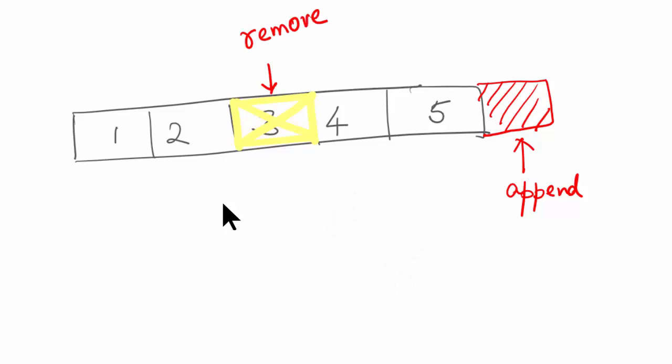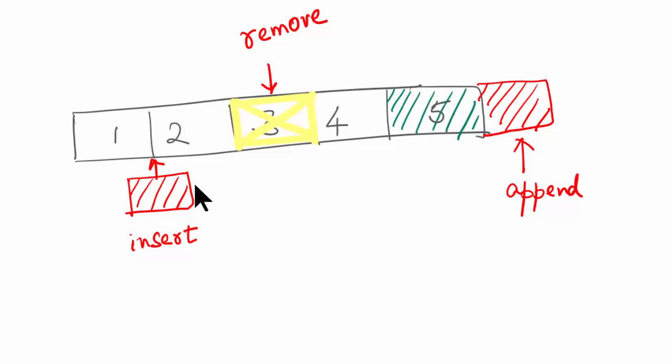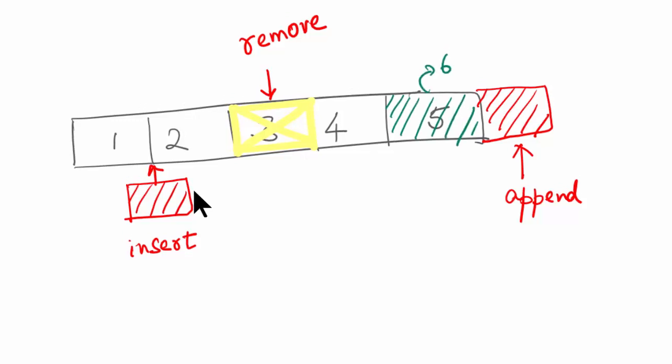Say between 1 and 2, we want to insert a new element, say 6. This is called insert. Sometimes we might want to change some of the elements. Say we want to change this element 5 to 6.